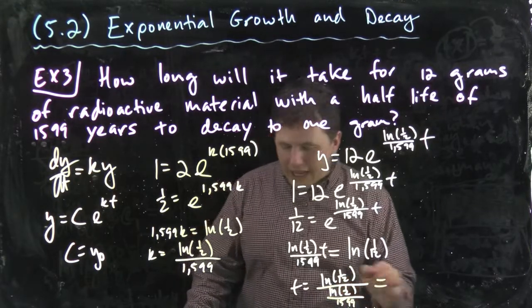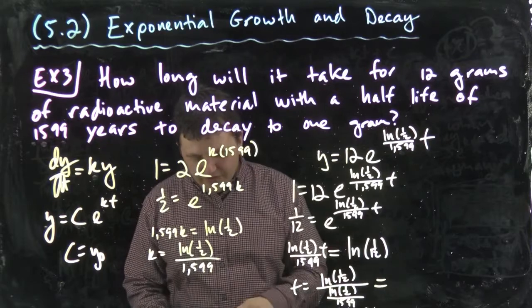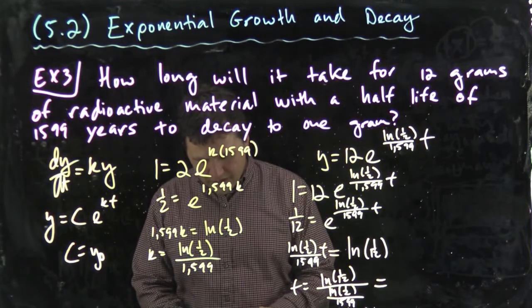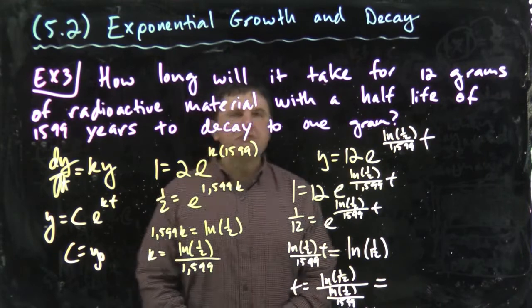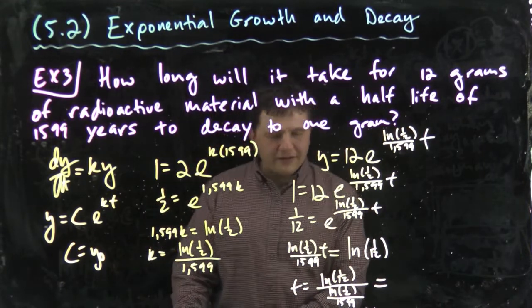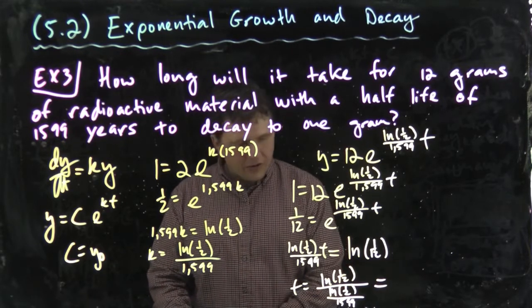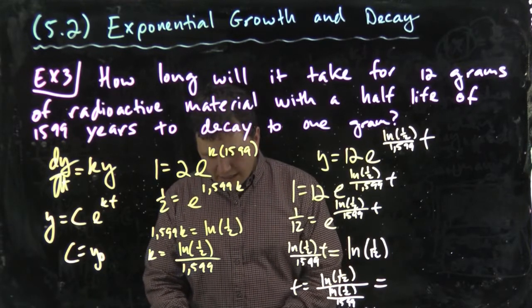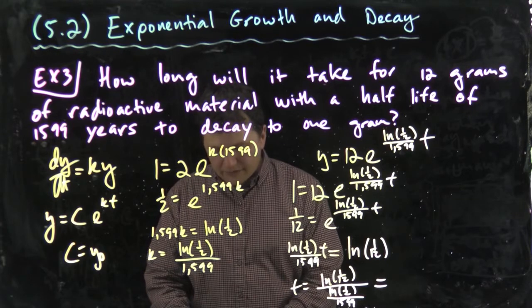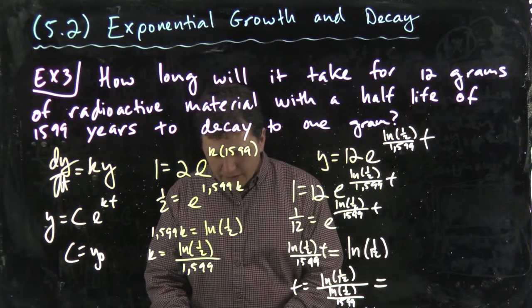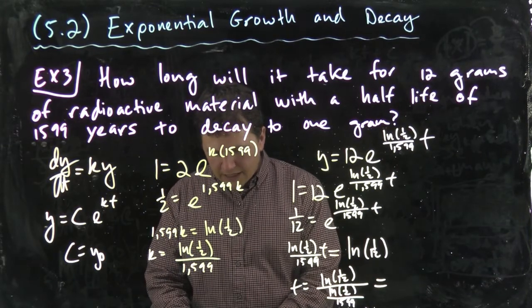Oh well. Anyways, so let's go ahead and calculate this. So ln of 1 divided by 12. I haven't made videos in a while. I'm kind of out of practice, I think. Okay, and then we're going to divide it by our k here, which is ln of 1/2 divided by 1,599.